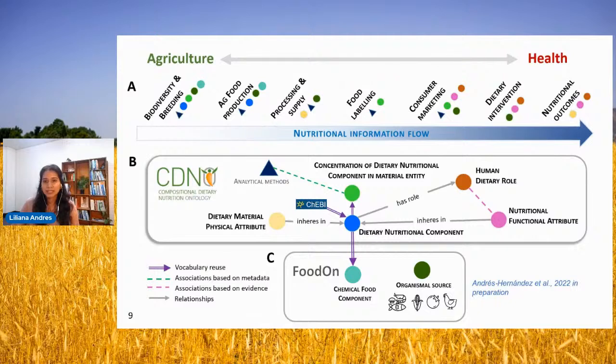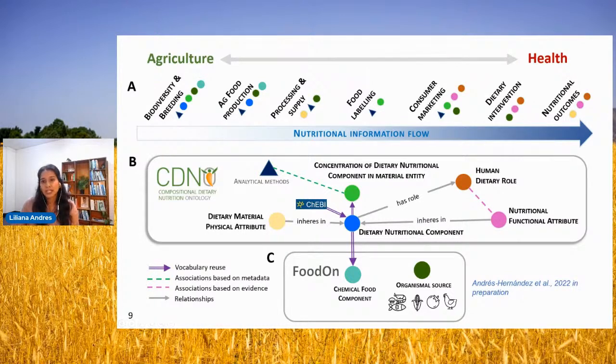So this is all that I explained, and that is summarized in this image, really. The symbols under each domain here represent each of the major CDNO classes in the overview. And we also associated the FoodOn classes that we think describe information related to any of these stages in the nutritional information flow.